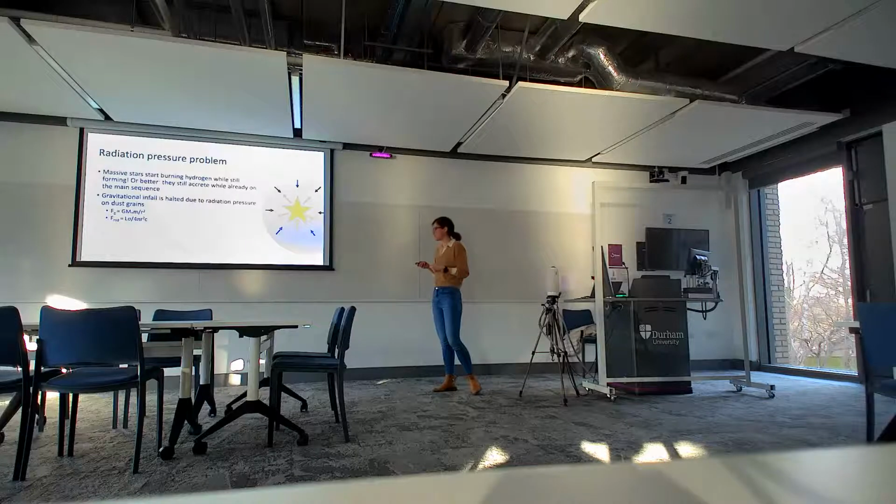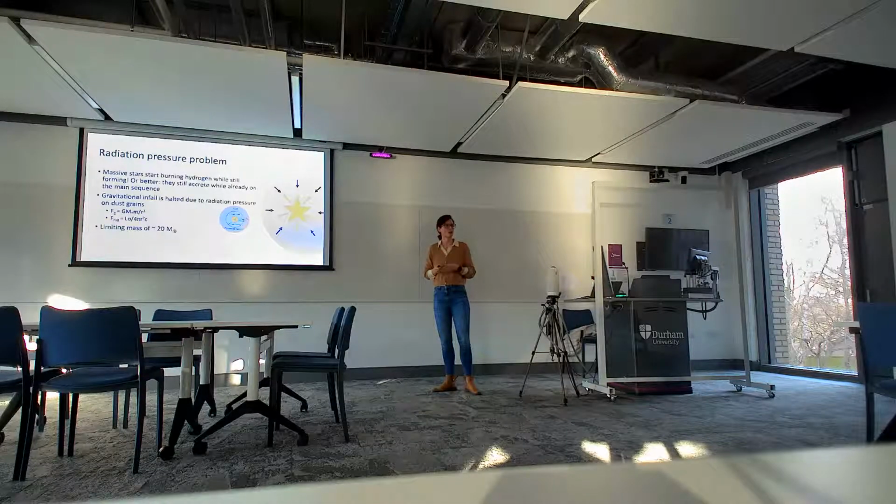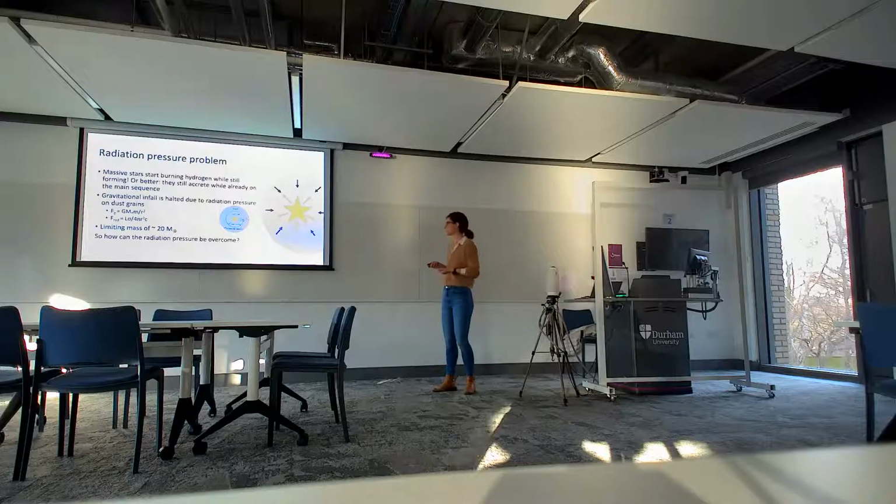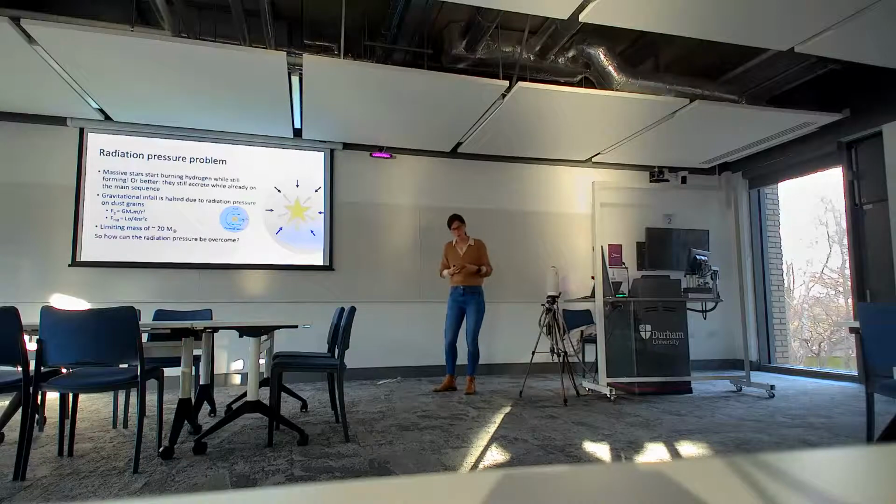So in fact, if you equate the gravitational collapse and the radiation pressure, then you'll notice that you cannot form stars more massive than 20 solar masses because of this problem. But we know there are stars that are more massive than that, right? So how can we overcome radiation pressure? How can we continuously bring matter onto a star that is so powerful in radiating stuff away?